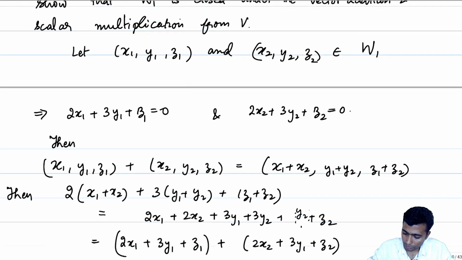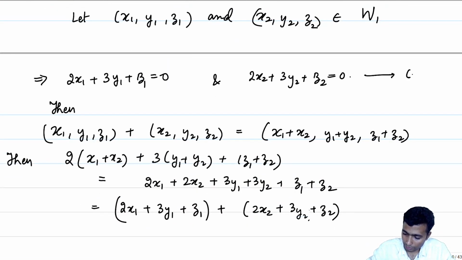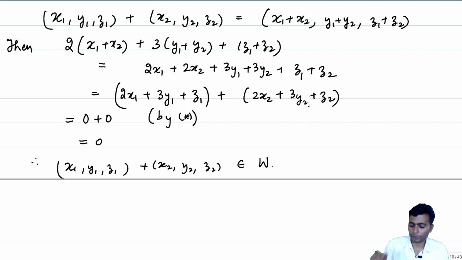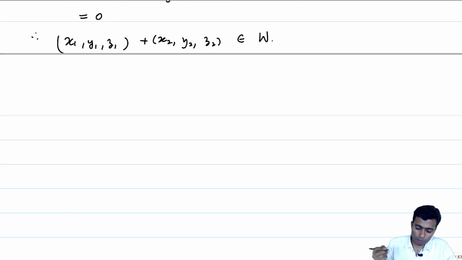Let's just go up. Notice that by what I am calling star, this is equal to 0 plus 0, which is equal to 0, and therefore (x1, y1, z1) plus (x2, y2, z2) belongs to capital W by what we have just observed. So yes, W is closed under the vector addition which is borrowed from R3. How about scalar multiplication?